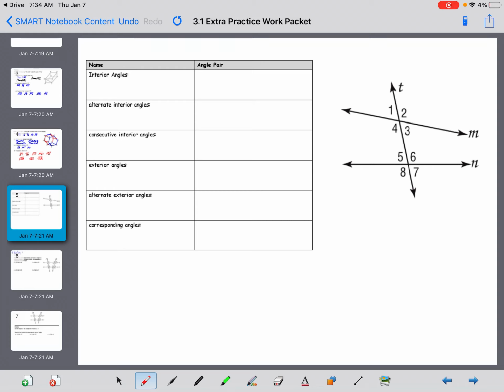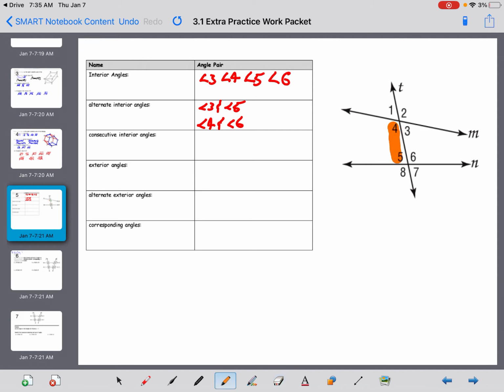Ready? So here they want us to list the interior angles. Well, that would be 3, 4, 5, and 6. Our alternate interior angles are the interiors on the opposite side of the transversal, so angle 3 and angle 5 and angle 4 and angle 6. Okay, alternate interiors.